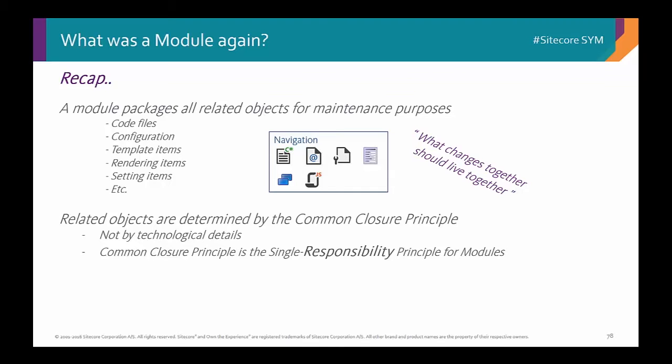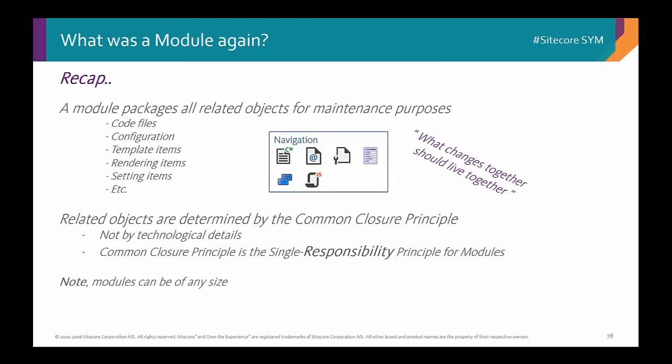What will change together? If the customer changes a requirement, what will then change? The common closure principle is more or less the single responsibility principle, but taken up a notch for modules. It's not about a single class only having one responsibility. It's about a single module only having one reason to change, one responsibility in the domain.